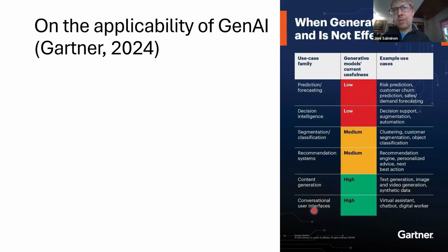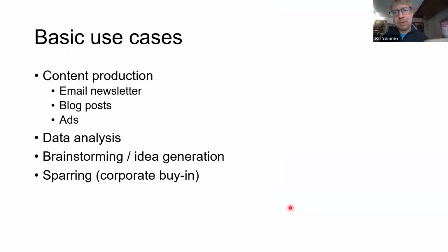And conversational UI can be translated to customer service chatbots. So again, a clear marketing use case where it can be useful. At a superficial level, it seems that generative AI is very useful for marketing. For example, email, newsletters, blog posts, advertising.